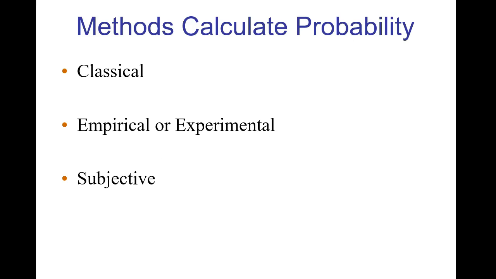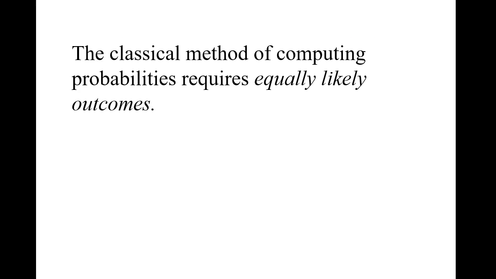There are three main methods for which we will calculate probability: the classical method, the empirical, also known as the experimental method, and the subjective method. First, let's focus on the classical method. The classical method of computing probabilities requires equally likely outcomes.